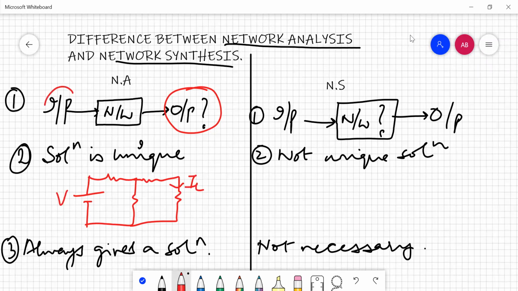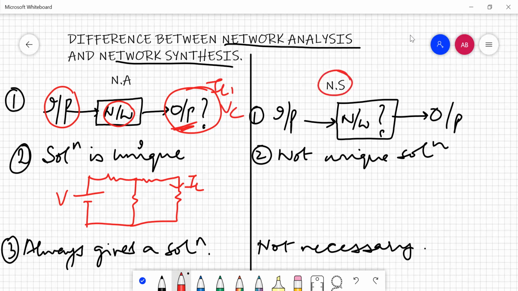So you are given the input, the value of this voltage V, and the network elements, the values of the various resistive, capacitive or inductive components in the circuit, and you need to calculate your IL or VC or whatever it is. This is what we do in network analysis.